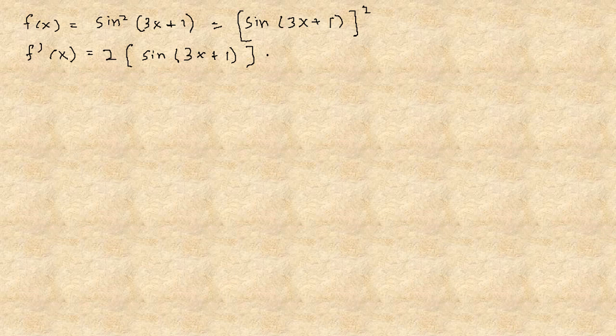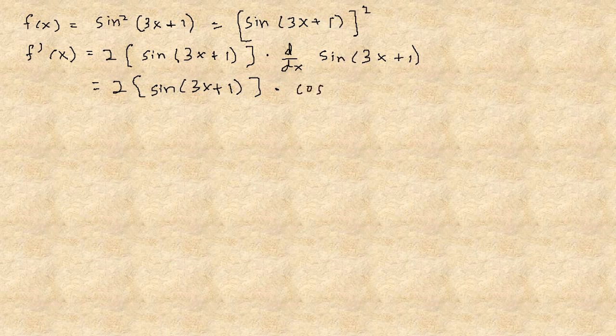And then multiply by the derivative of sine 3x plus 1. So here we will get 2 sine 3x plus 1 multiplied by, differentiate sine, we get cos, and then write their function 3x plus 1, multiplied by the derivative of the function in the bracket.